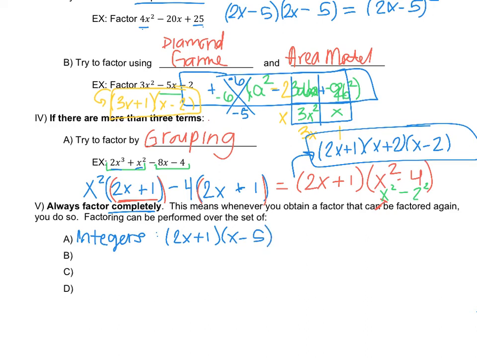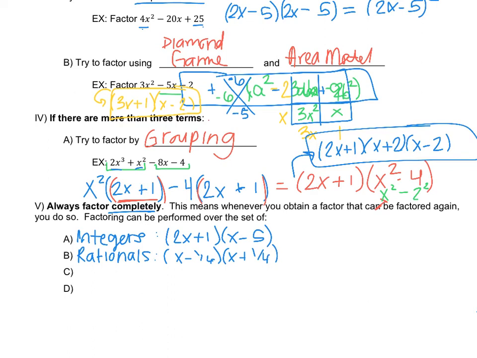There's no fractions or decimals in there, which takes us to the next one, which is factoring over the rational numbers, opening up the amount of possibilities, in which case you might have factors that look more like this: x minus 1/4 times x plus 1/4.